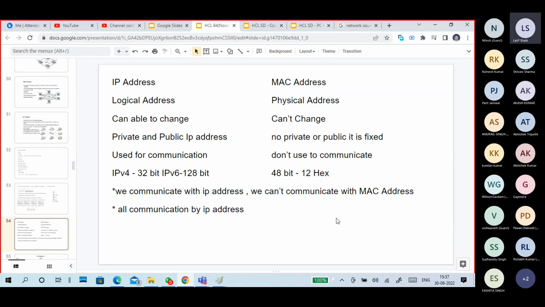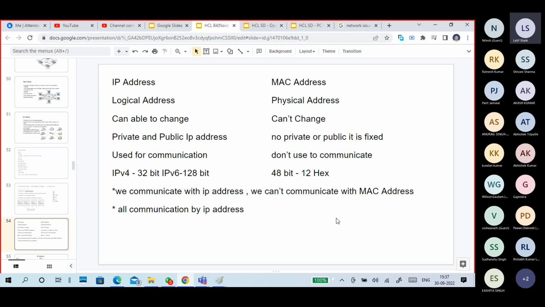IP address is used for communication. If you want to communicate with any device, we need an IP address. We use an IP address to communicate, but we don't use a MAC address to communicate. With an IP address we are communicating; with a MAC address we are not.